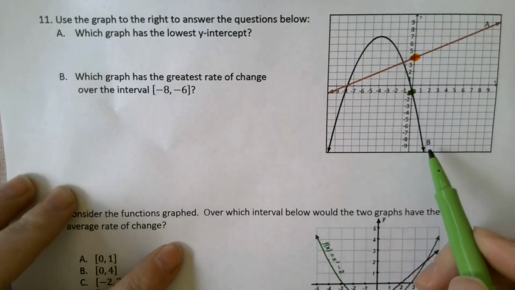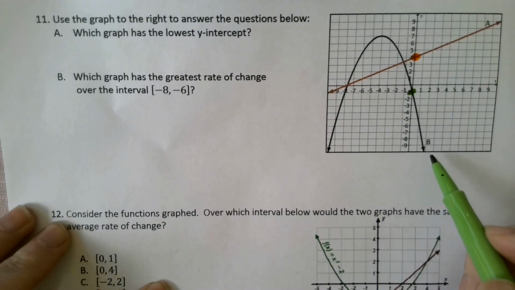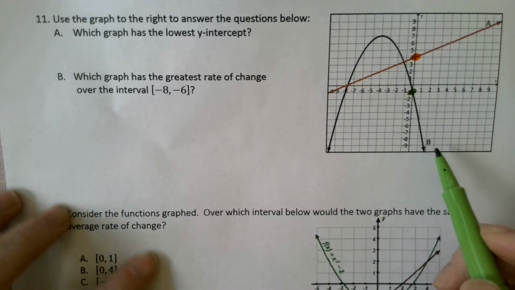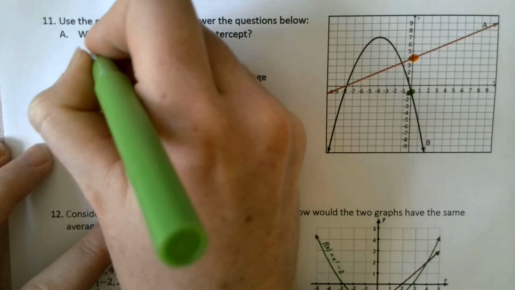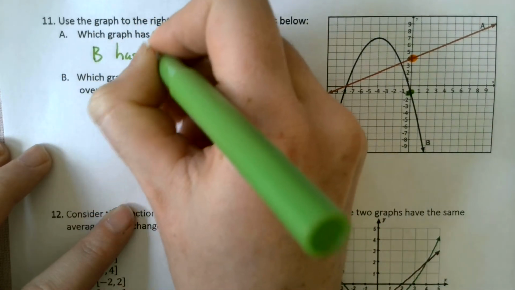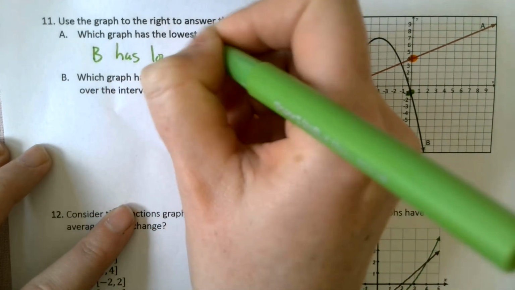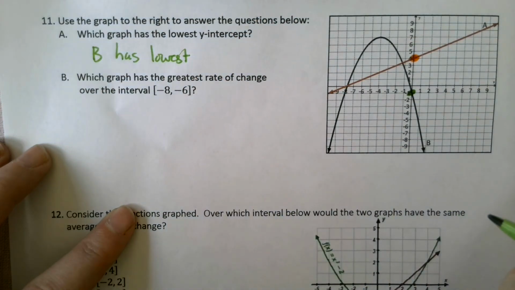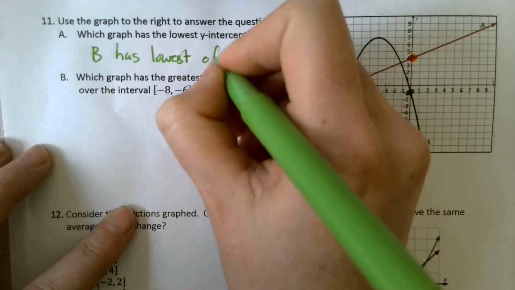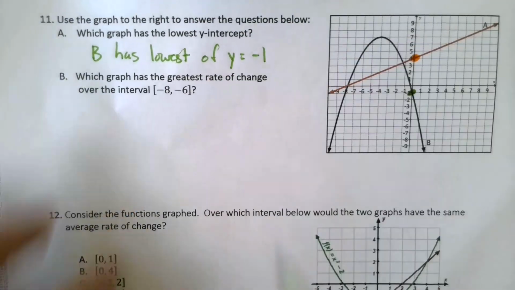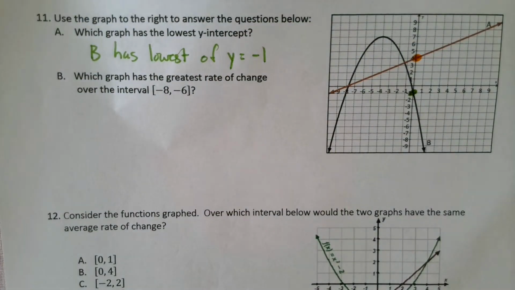I'm getting A and B from these letters right here. So B has the lowest y-intercept. And what is that? Y equals -1. Okie doke.